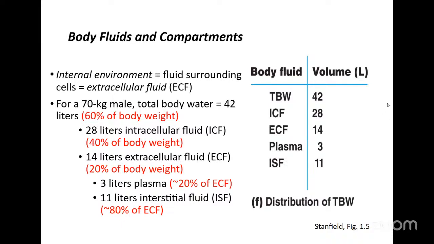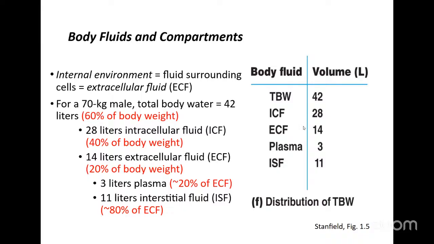So about 60% of body weight, about 42 liters, is how much water we would have in this hypothetical person. Okay? So of those 42 liters, we're going to split it between fluid inside cells, so 28 liters inside cells, and extracellular fluid, 14 liters outside cells.